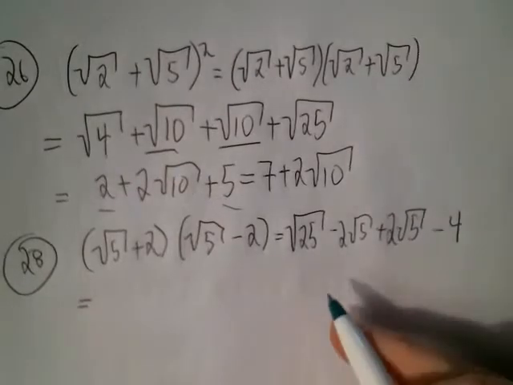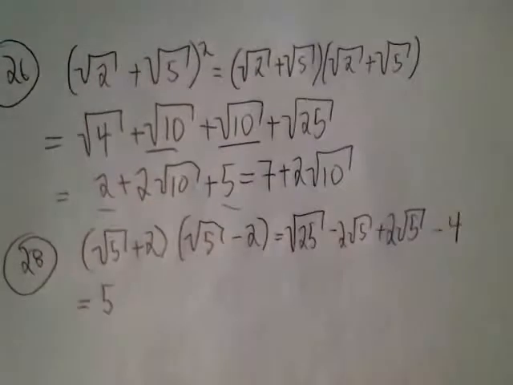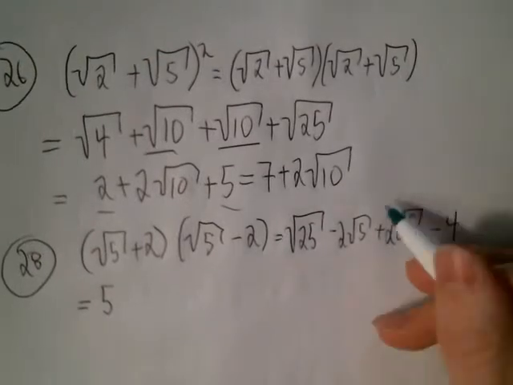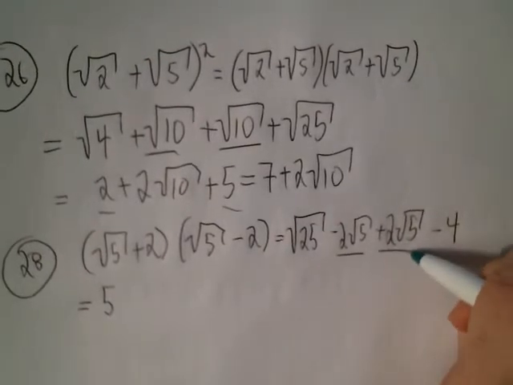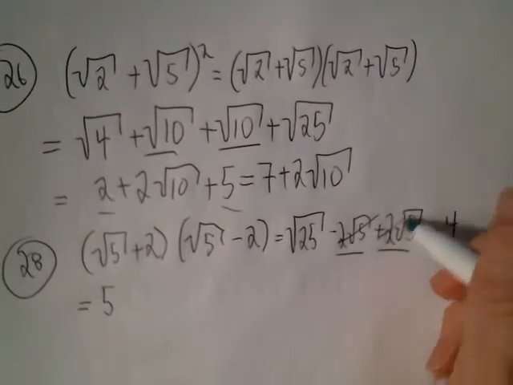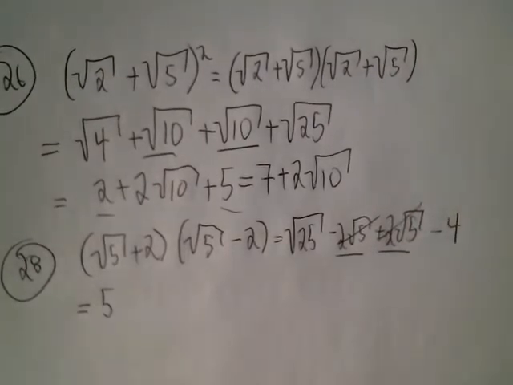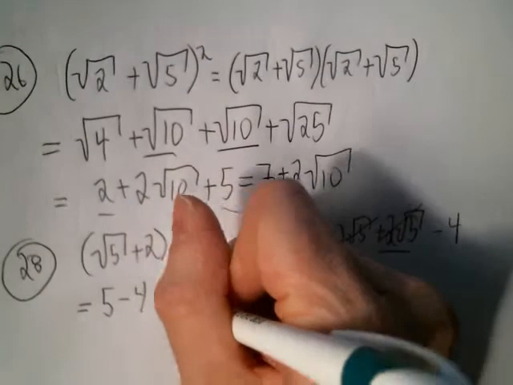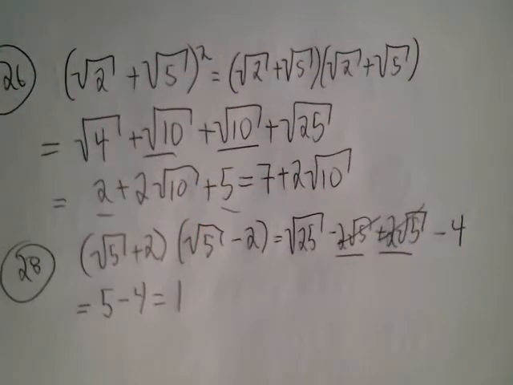Okay. So radical 25 is 5. These two guys are additive opposites, so they will add to 0, and you don't have to worry about those, right? They cancel each other out. And then you have minus 4. 5 minus 4 is 1, and that's your answer.